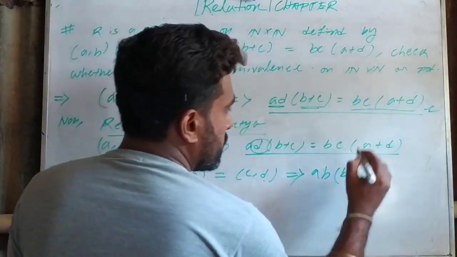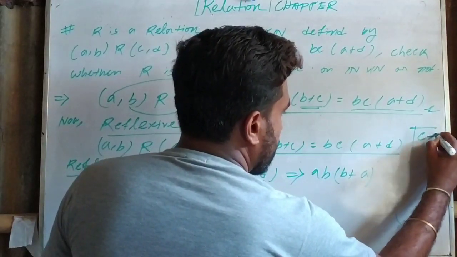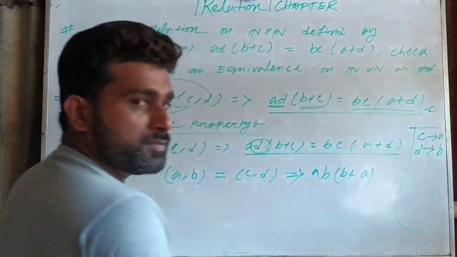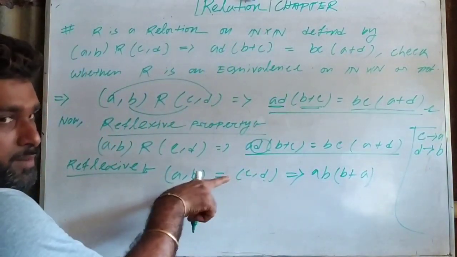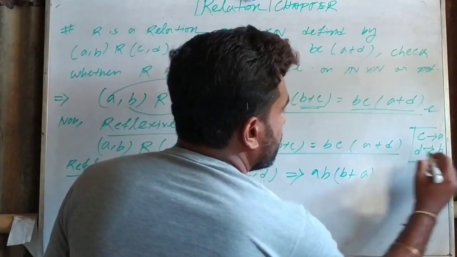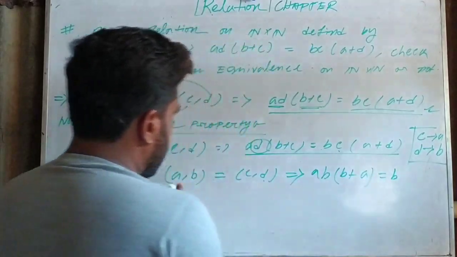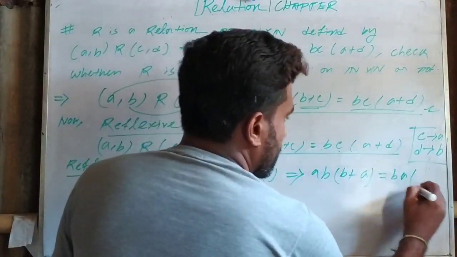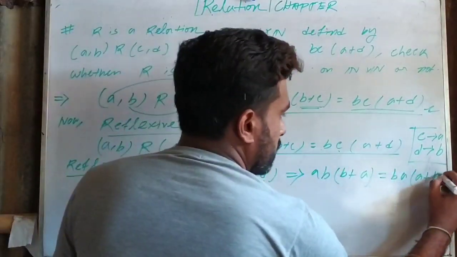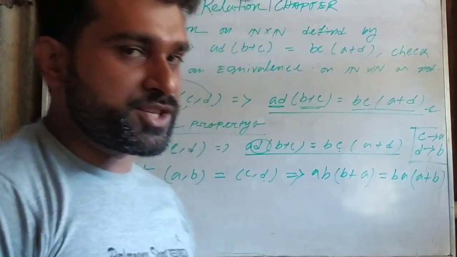A. Just in place of C, you have to put A, and in place of D, you have to put B, because both are the same. So here BC, in place of C, what should I write? A. And A plus D means B. Now you can see a new equality is constructed here.